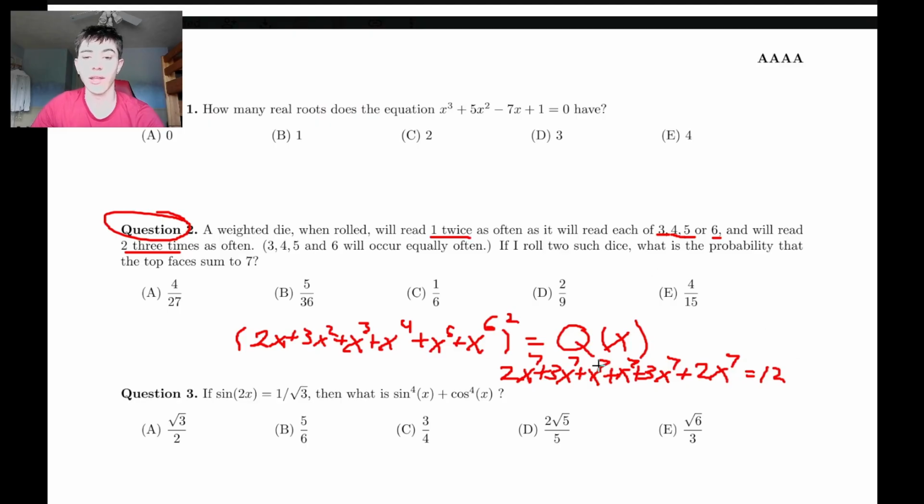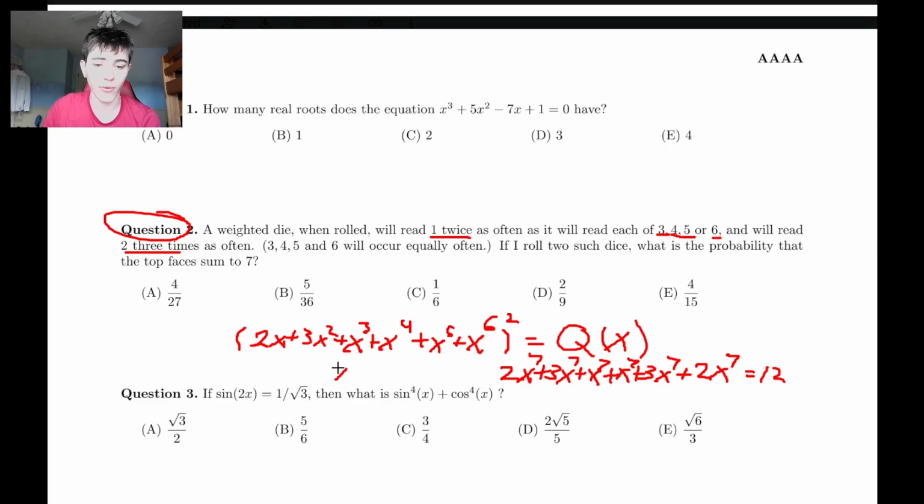Now we've got our weight, right? I said before that we need the total sum of all the weights. So we'll take the ratio between the weight on the x to the 7th term over the sum of all the weights. But if you think about the sum of all the weights, if it's a polynomial and we're trying to sum all the coefficients, then that's the same thing as just plugging in 1 to the polynomial, right?